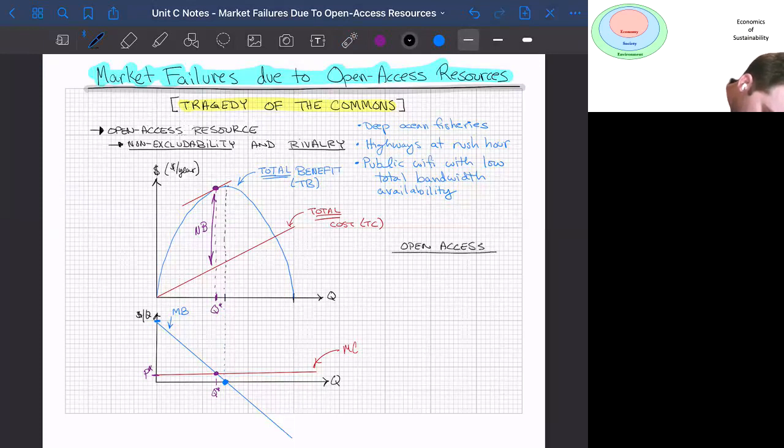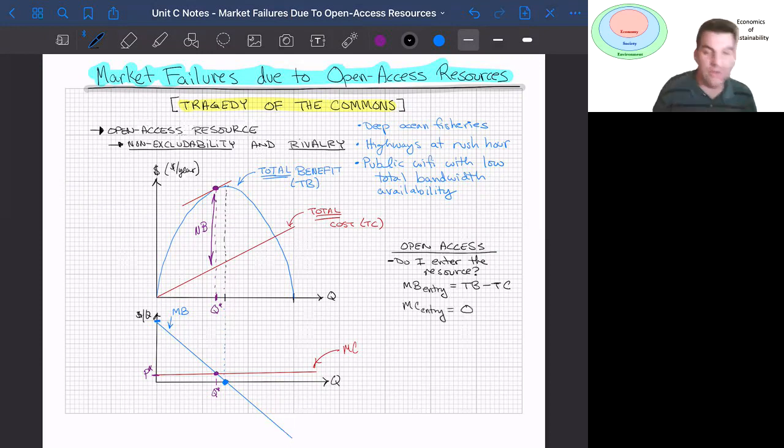Do I enter the resource? The marginal benefit of entry is just going to be equal to the current total benefit minus the current total cost. And the marginal cost of entry, because it's non-excludable, is equal to zero.